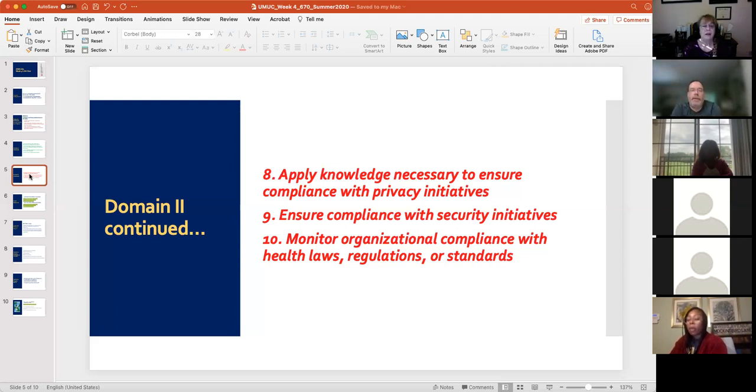And last but not least, in domain 2, monitor organizational compliance with health laws, regulations, or standards. And that's your big old everything in a basket. This, I think, would best suit you to review the standards for compliance plans.